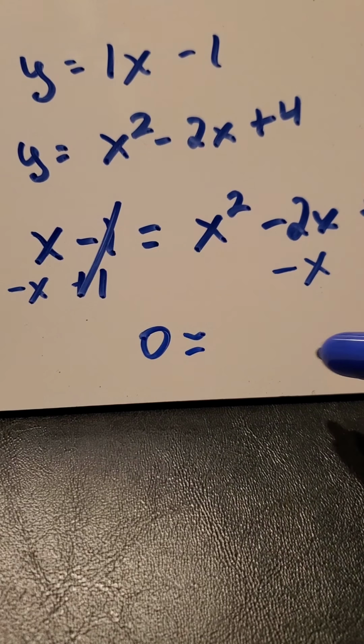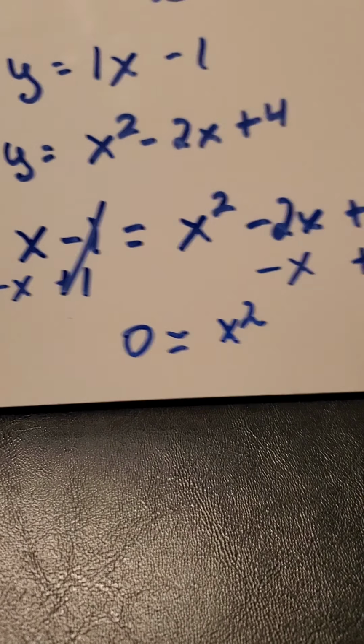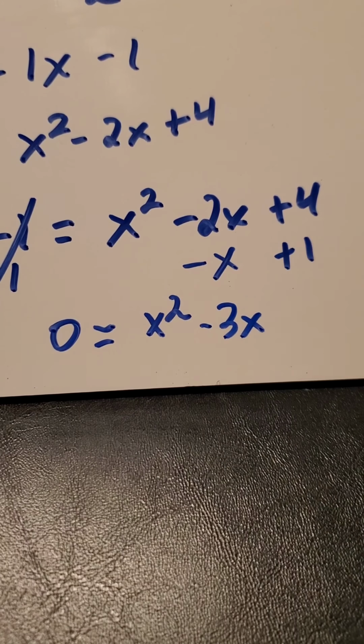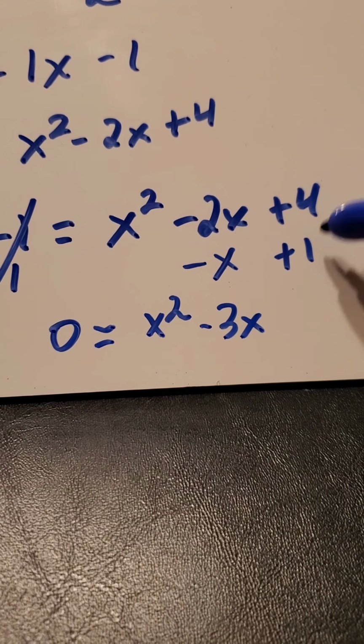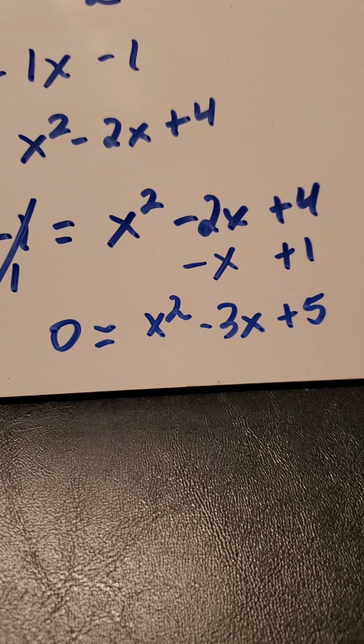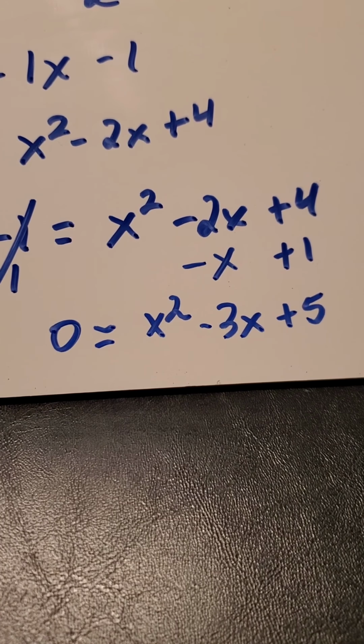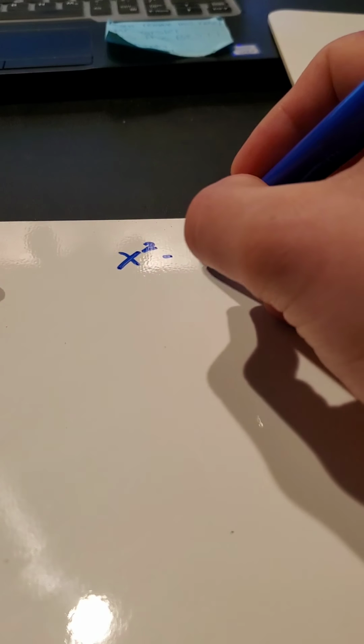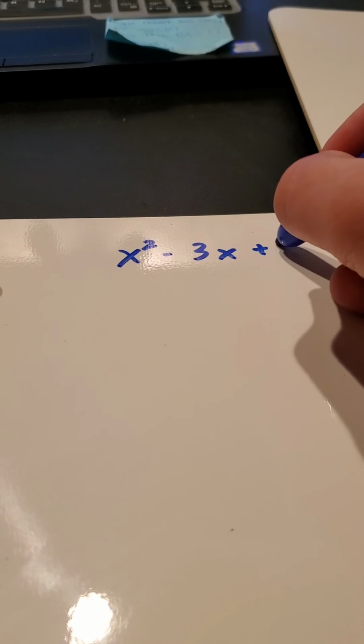That's equal to x squared, minus 2x minus 1x is minus 3x, and positive 4 plus 1 gives me positive 5. So now I've got a new quadratic to solve, and that quadratic is x squared minus 3x plus 5 equals 0.